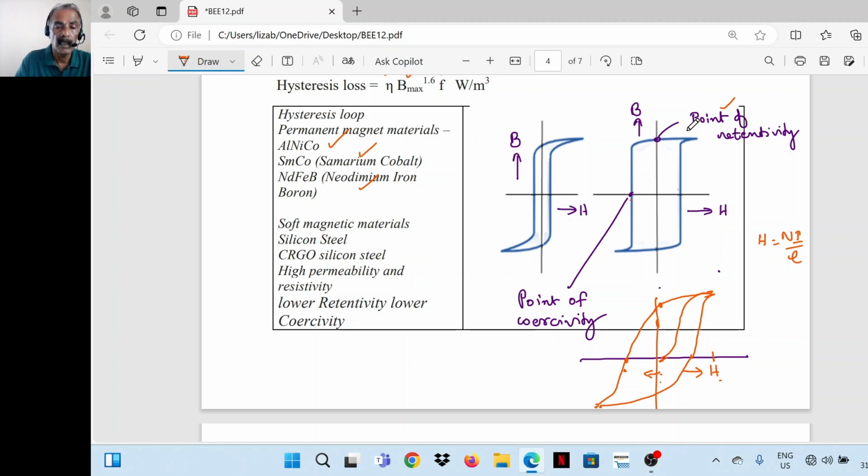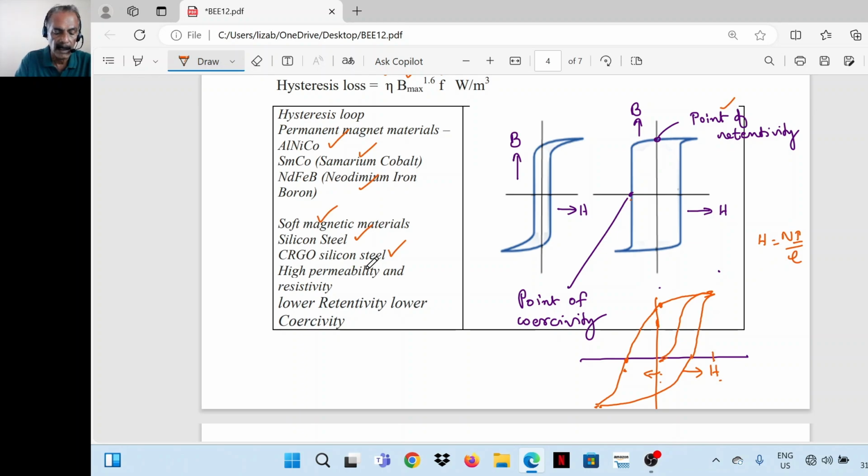So for transformer cores, we prefer soft magnetic materials like silicon steel, CRGO steel. CRGO means cold rolled grain oriented steel. These are the materials generally used for the construction of transformer cores.